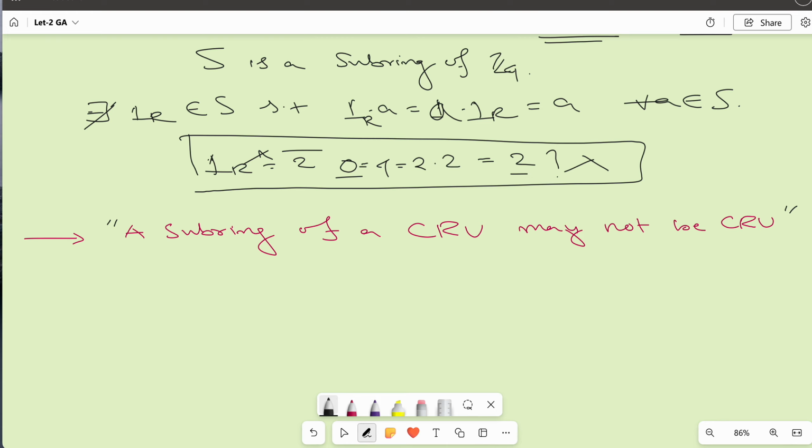So I think this much is for today, and we'll continue from units, and whatever is remaining, units and zero divisors, and so on. Today's lecture is enough.